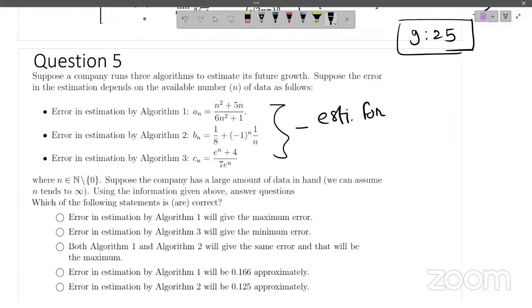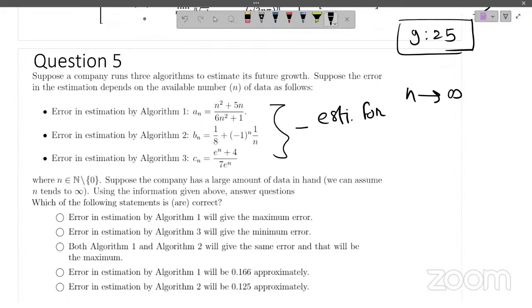If you run the first algorithm, this will be the estimate error which can happen, and similarly bn and cn. Here n belongs to the natural numbers minus 0, and suppose the company has a large amount of data in hand, so we can assume that n is very large, that is, n tends to infinity.